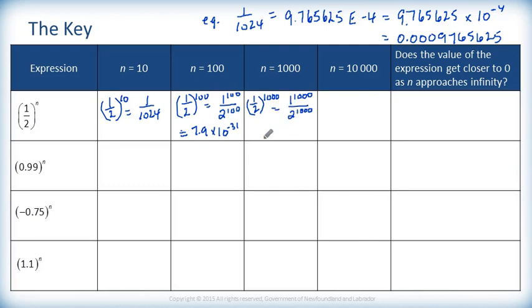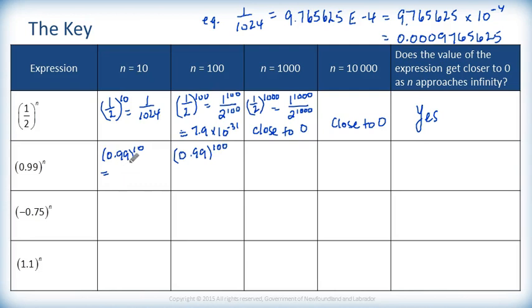That's too small for my calculator to handle. It even tells me it's 0, but it's not. It's just close to 0. And of course, if that one is, then this one must also get close to 0. So it gets closer and closer to 0 as the n values get larger. In other words, as n tends towards infinity, the values of the expression get smaller and smaller.